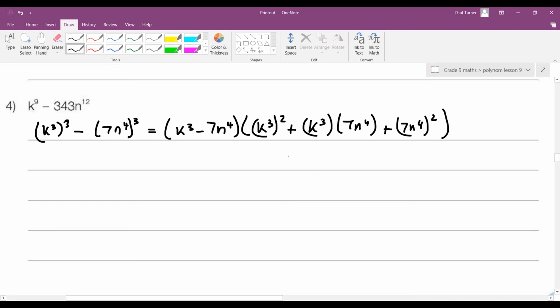So I'm just following the formula. So k cubed minus 7n4, k power 6 plus 7k cubed n4 plus 49, and 2 4s are 8, power 8 at the end there. Okay, that's question 4.